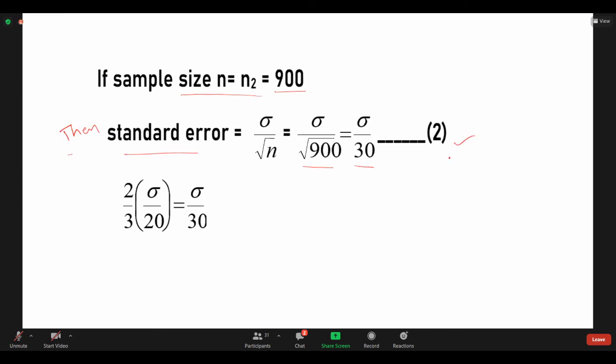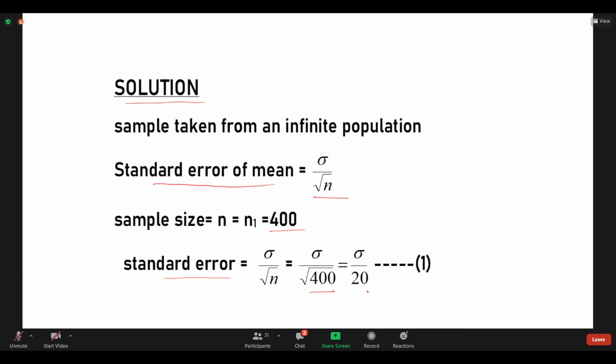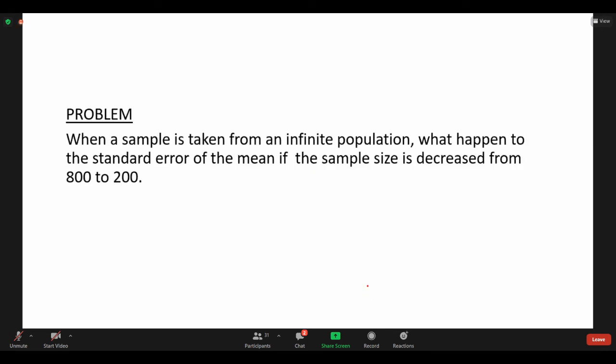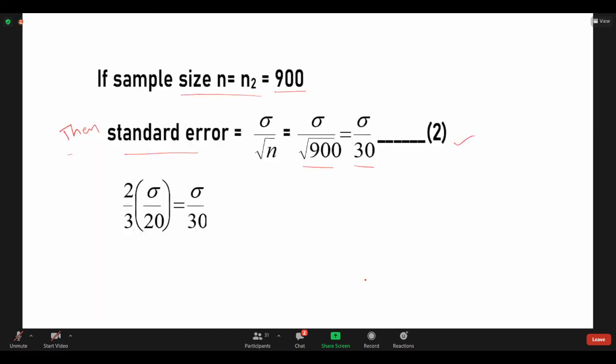Now, all of you observe equations 1 and 2. We have to find the relation between them. The first is sigma by 20 and the second is sigma by 30. The relation is this: we have to multiply 2 by 3 into the first standard error, that is equal to the second standard error.